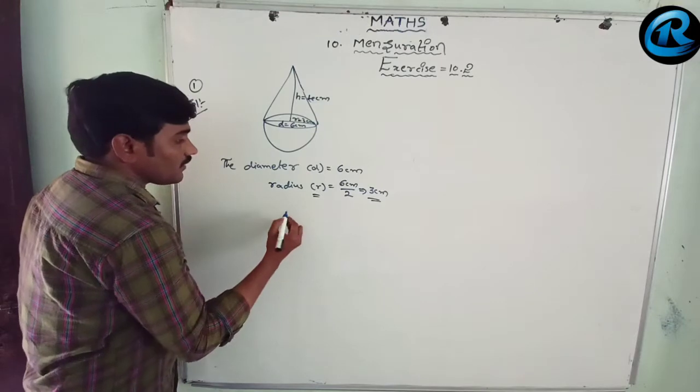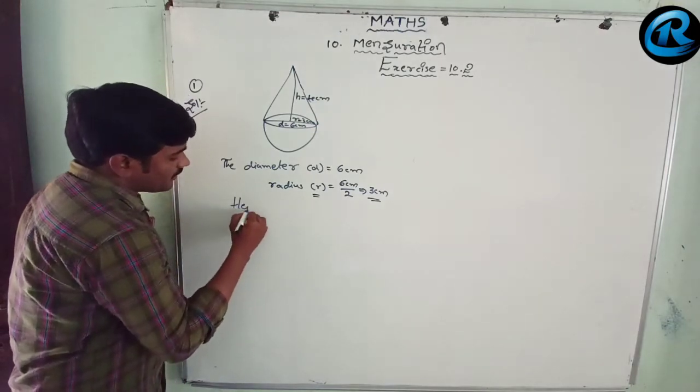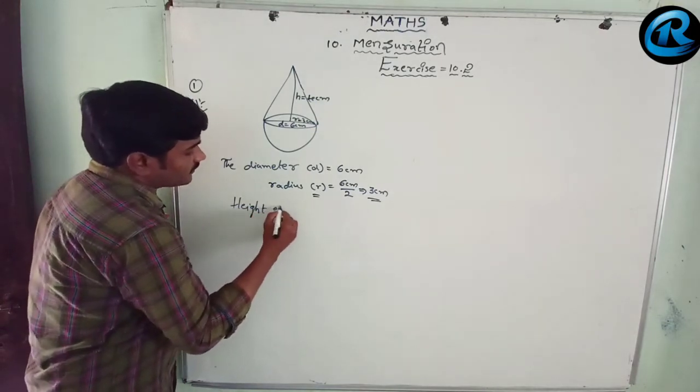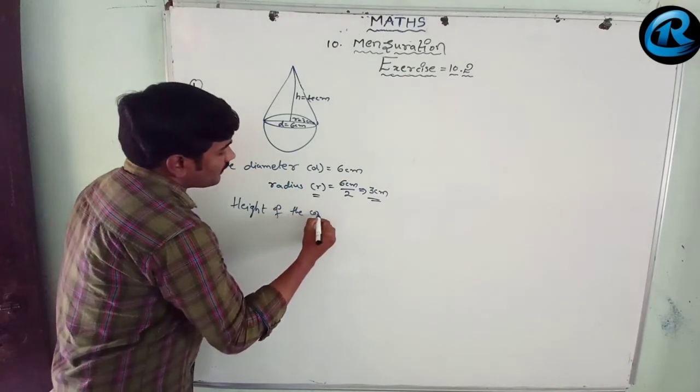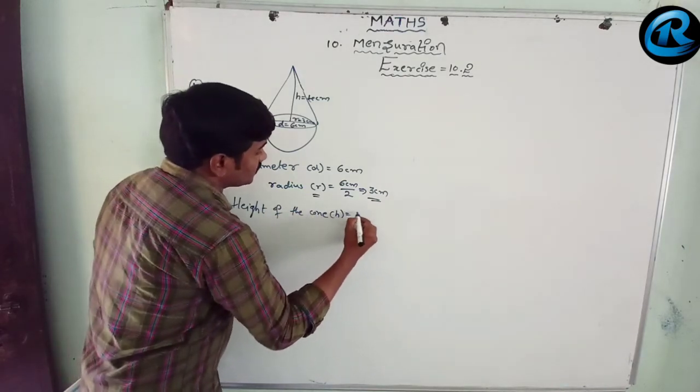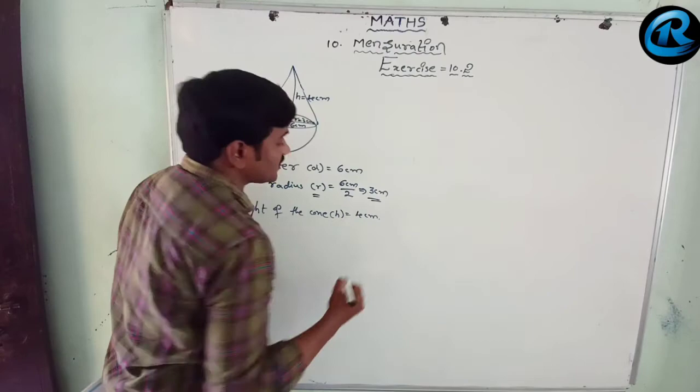So the height of the cone h equals 4 centimeters. This is what is given.